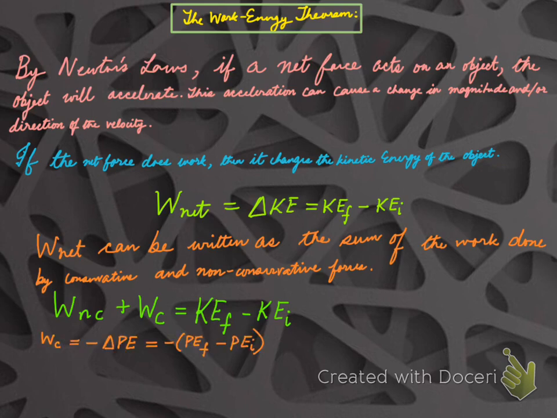But we know that the work done by conservative forces is just equal to the negative of the change in potential energy. So that work, WC, must equal the negative of the potential energy final minus the potential energy initial. Substituting that into the previous equation, we get WNC, the work done by the non-conservative forces, minus the final potential energy plus the initial potential energy equals the final potential energy minus the initial potential energy.